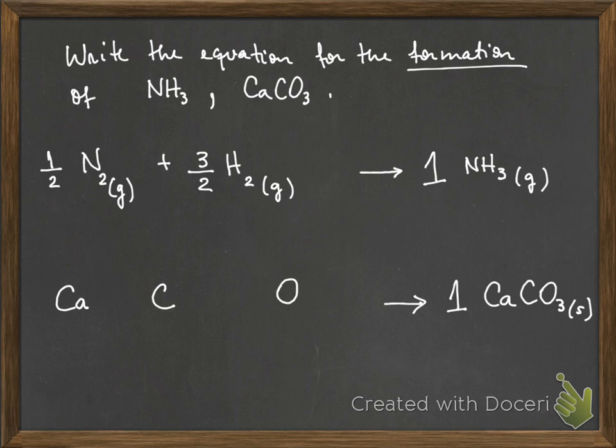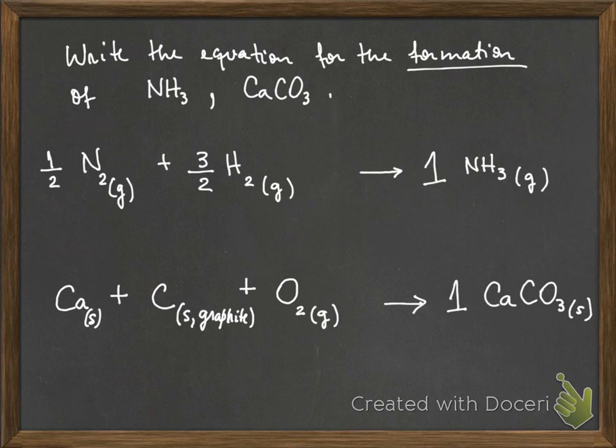I'm listing each element, asking myself, what is the most stable state for each one of them? Calcium is a metal, so I'm going to write a solid. Plus carbon. Okay, carbon is solid graphite plus oxygen, gas, and diatomic.